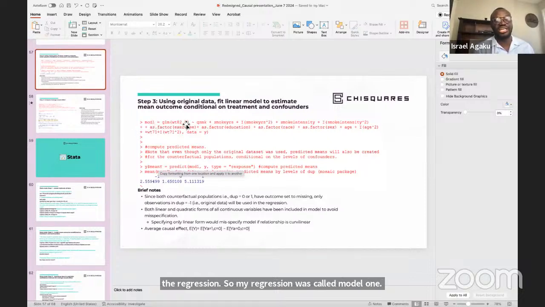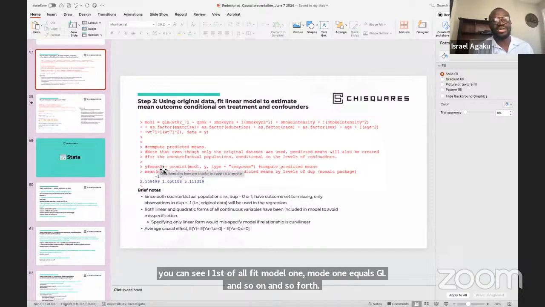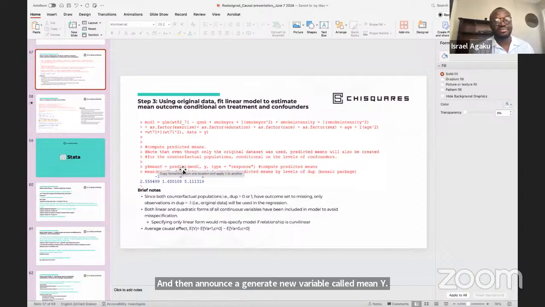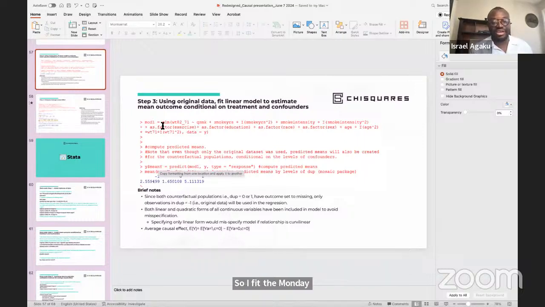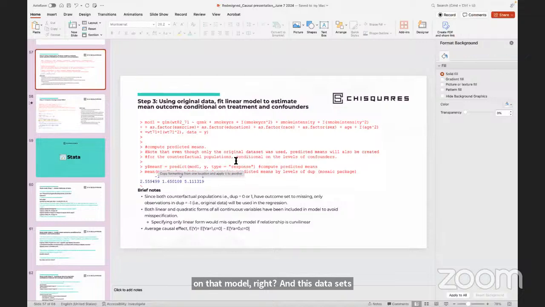Mod 1 equals GLM, and so on and so forth. And then I say, generate a new variable called mean y, and generate that variable by predicting, right? Using model 1, you can only predict from a model you have fitted. So I fit the model first, and then I run predictions based on that model, right? On this data set, and using the outcome. So that's how you predict.